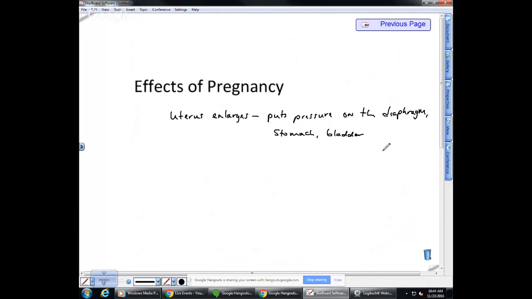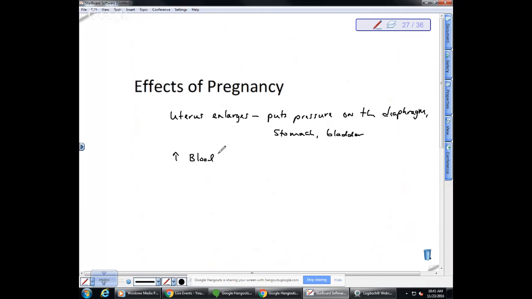Okay. We also have an increase in the amount of blood. By 37 weeks, it's something like 40% more blood in the female circulatory system.